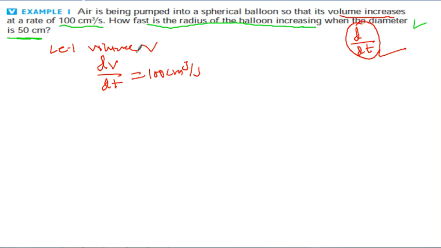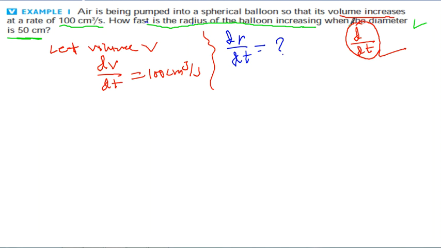Now what to find out? This is the given. Now we need to get how fast the radius of the balloon is increasing. So we are going to find dr upon dt. Another additional piece of information is given.